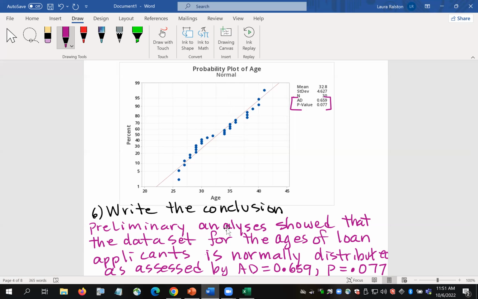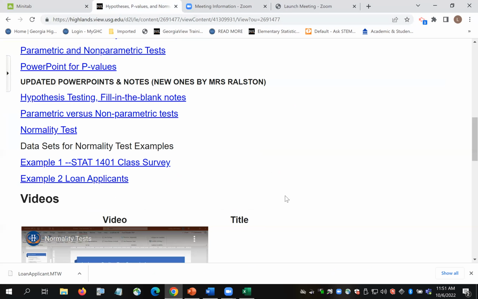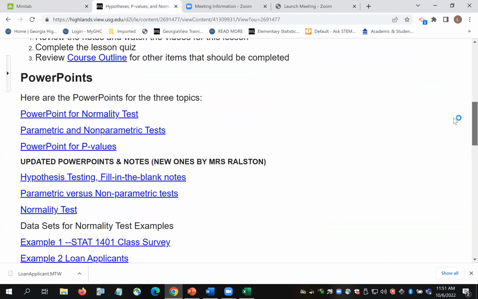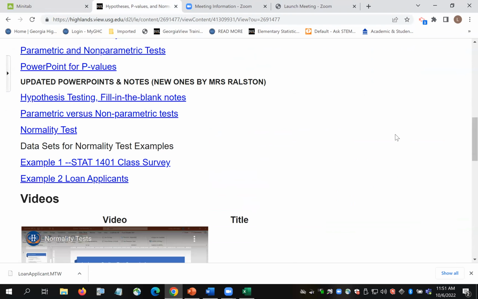All right. That gets you the material that's in the first lesson of module 3. Okay, that correlates to quiz 7. But quiz 7 is not due until the 16th of October.